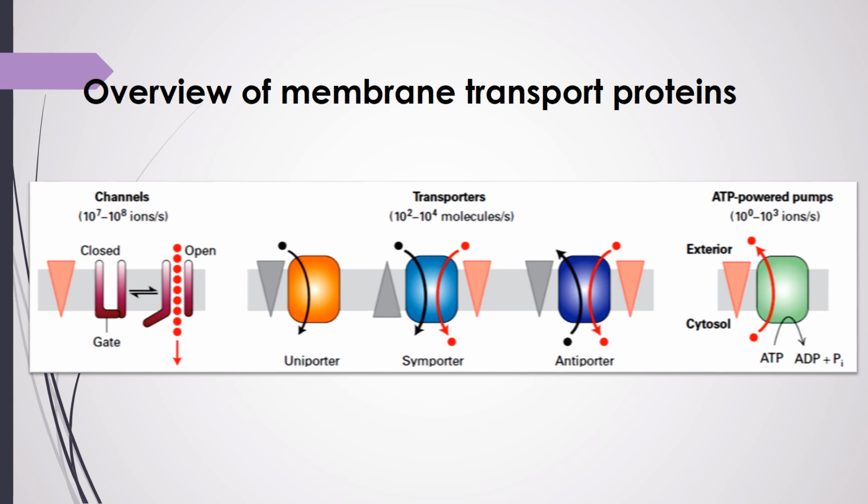In this case, transport of ions or small molecules uphill against the electrochemical gradient, which requires energy, is coupled to the hydrolysis of ATP, which releases energy. Always remember one thing: it is against the concentration or the potential. So now we move to the next portion.